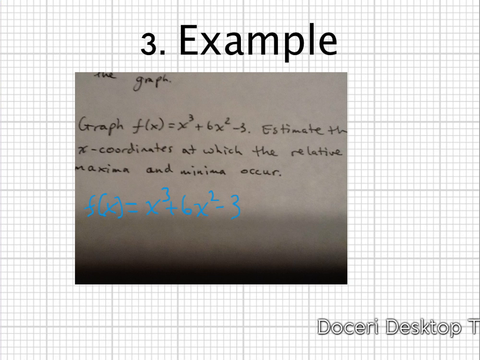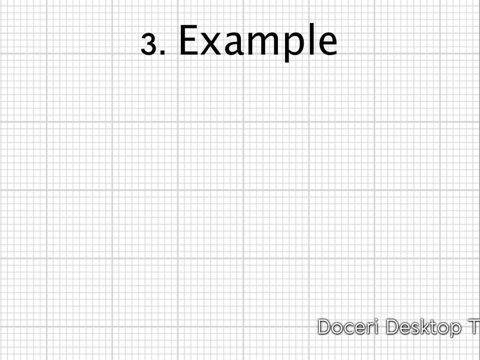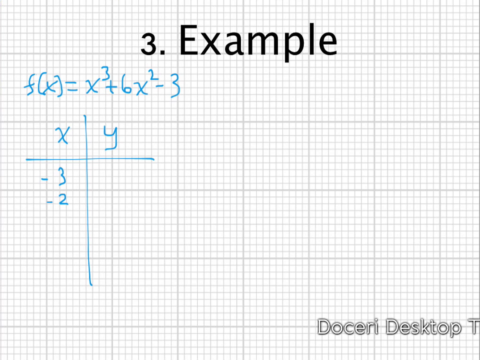The easiest way to graph this, if you don't have a graphing calculator, which you won't have on the CST, is to make a table. So you're going to have x and y values. Again, start out giving yourself a lot of values to find.